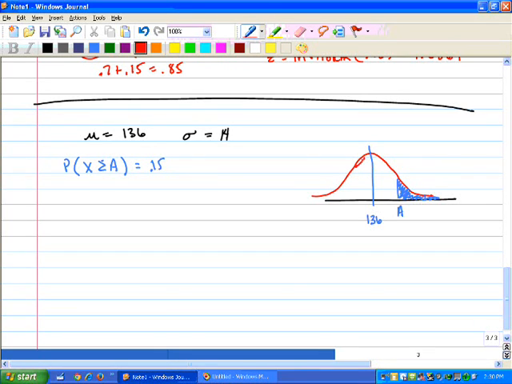We know that this is a normal distribution, so we know that the total area under the curve is 1. So what we're really looking for, if this area is 0.15, the area to the left is 0.85 because 1 minus 0.15 is 0.85.